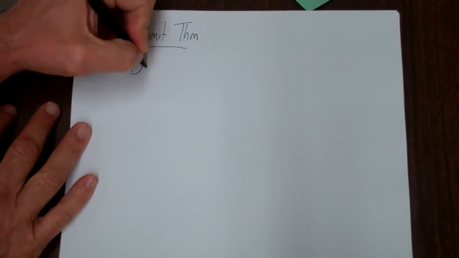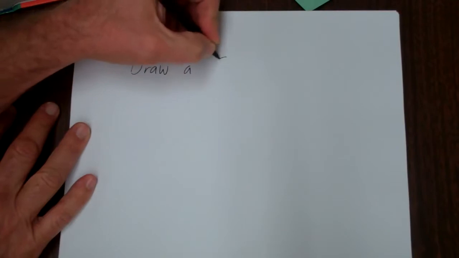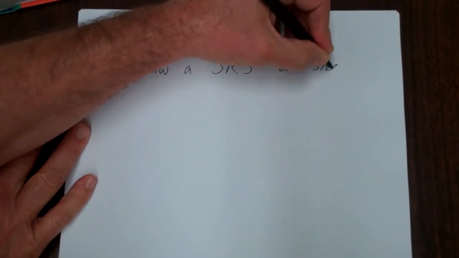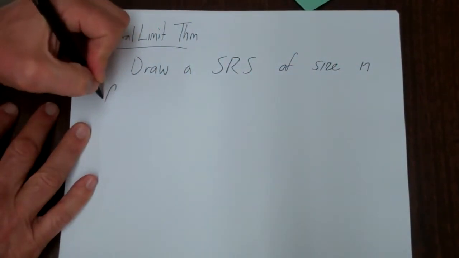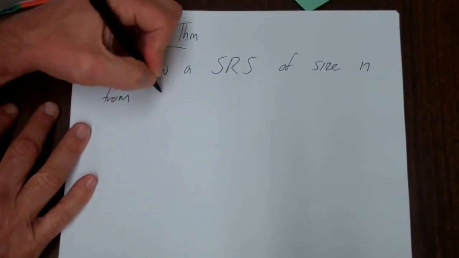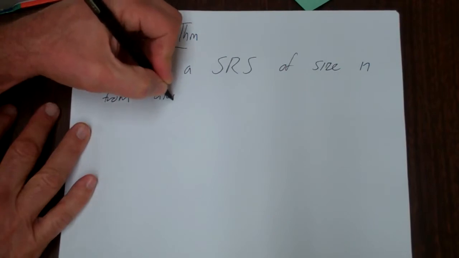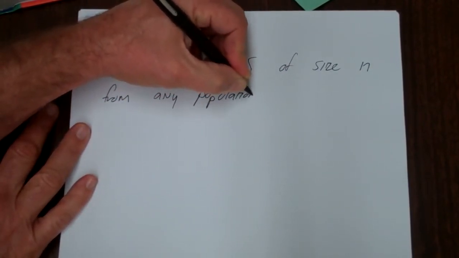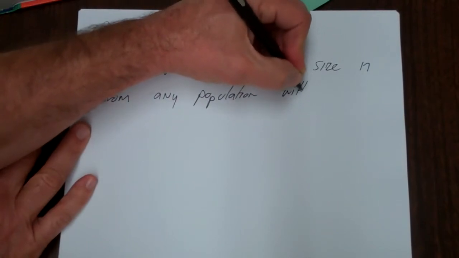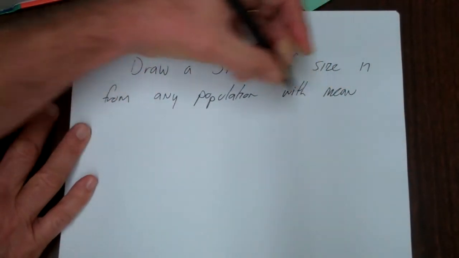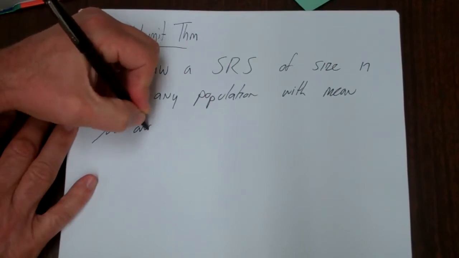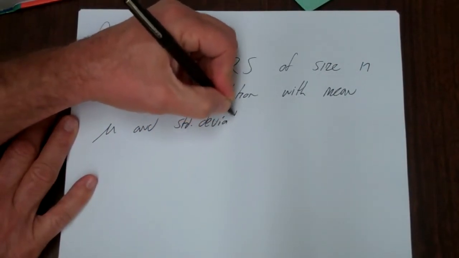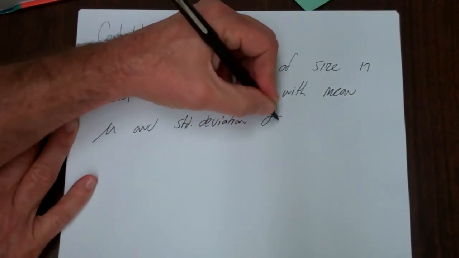Draw a simple random sample of size n from any distribution or any population with mean mu and standard deviation sigma. Now notice the key here is we don't know how it's distributed.